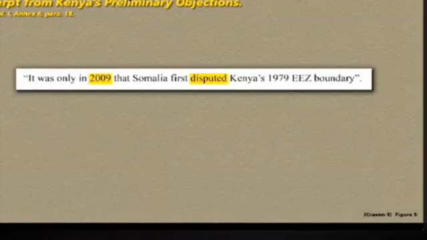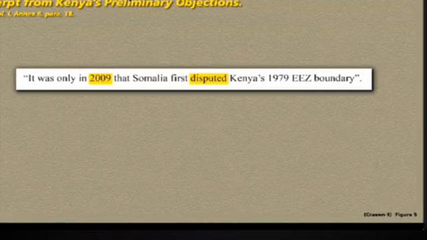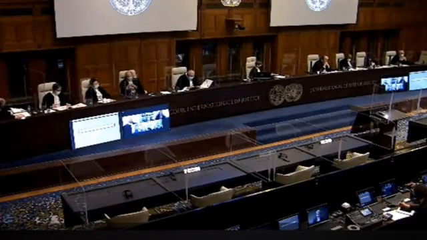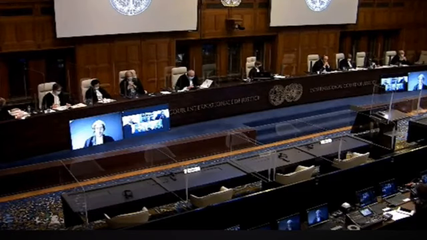Kenya's claim to the contrary is directly contradicted by its own statements, including at an earlier phase in these proceedings. In its preliminary objections, Kenya acknowledged that the dispute already existed at least half a decade before 2014. According to Kenya, it was only in 2009 that Somalia first disputed Kenya's 1979 EEZ boundary.